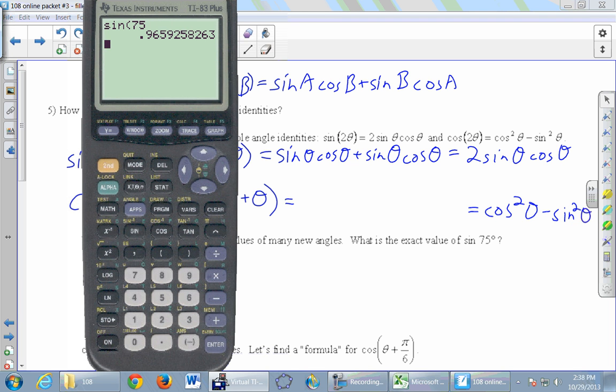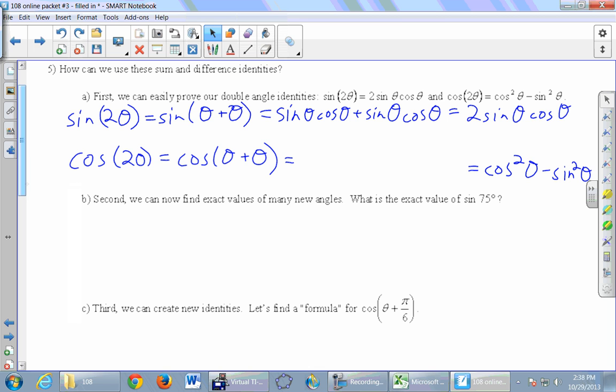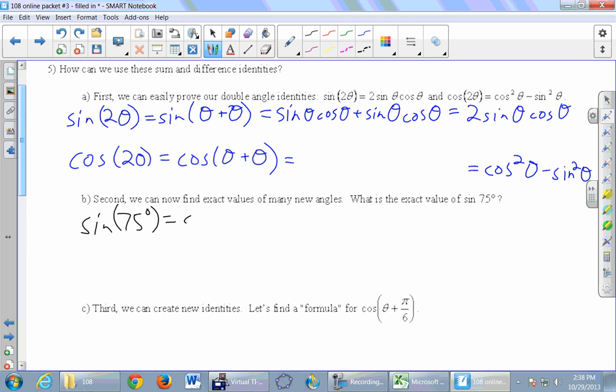Okay, so it's not anything that looks nice to me, but let's see if we can use one of our new formulas to figure out what that decimal really is. I don't know what's going on with 75 degrees, but I do know that I can write 75 degrees as a sum or difference of two angles that are important on our unit circle. There are multiple ways to do this, but for example, if you take 30 and add 45, you get 75.